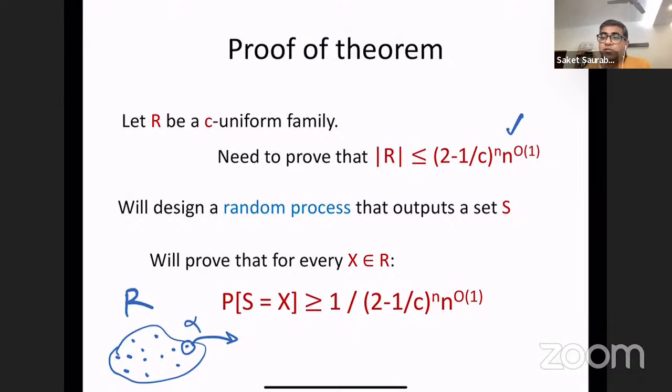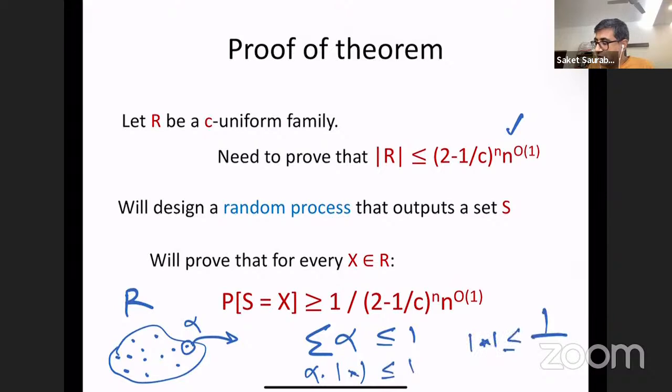So now you ask yourself, how many elements are here? I know that the sum of the probabilities is less than or equal to 1. So suppose alpha times the number of objects is less than or equal to 1. How many objects are there? At most 1 over alpha. This is how you can show, using a random process, an upper bound on the number of objects in a set.